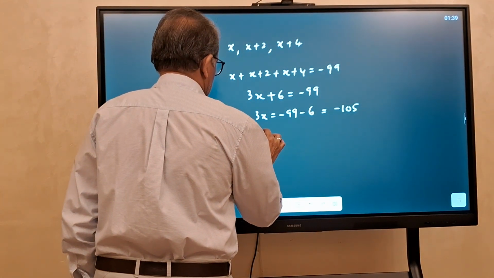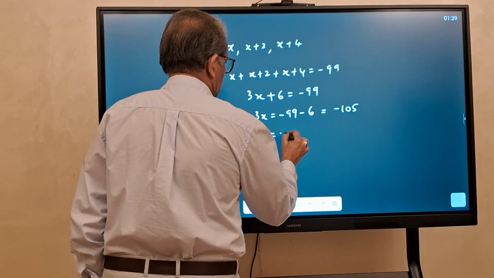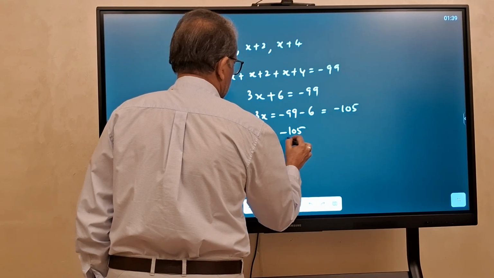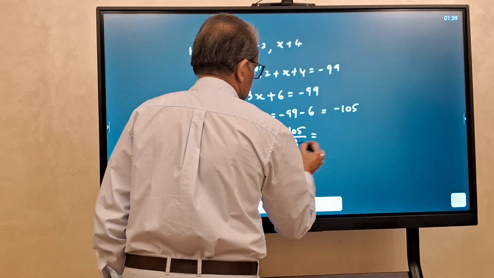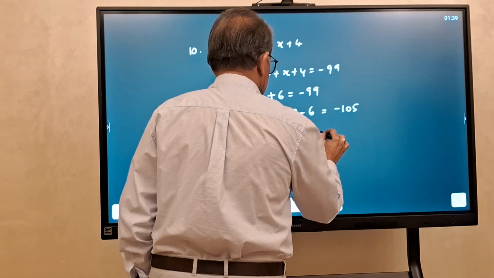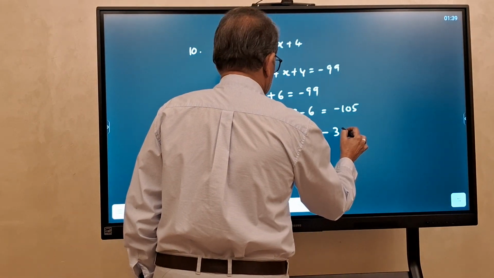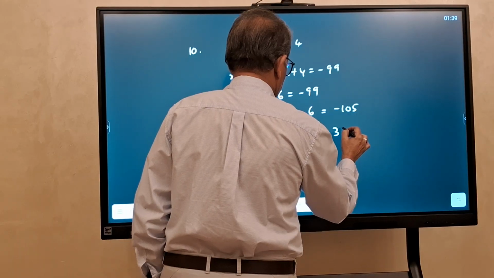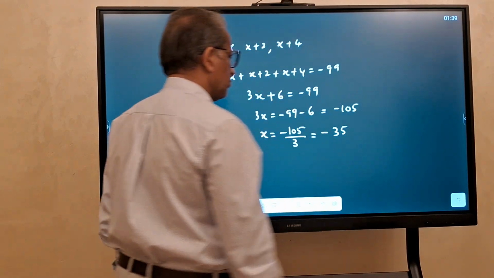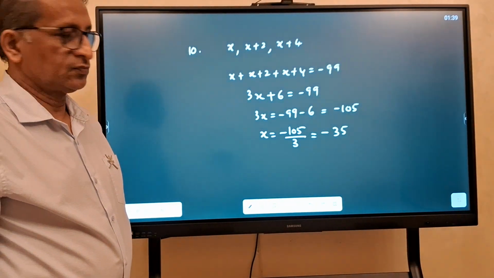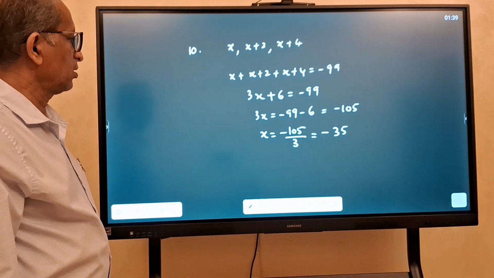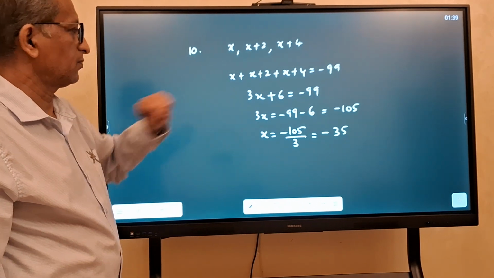So x is equal to minus 105 by 3, that is minus 35.